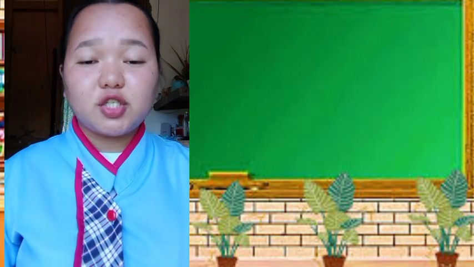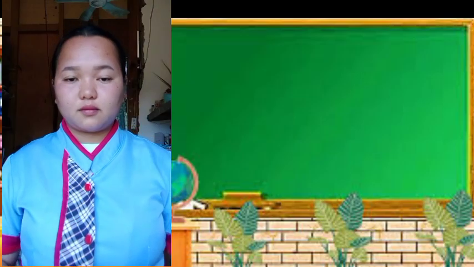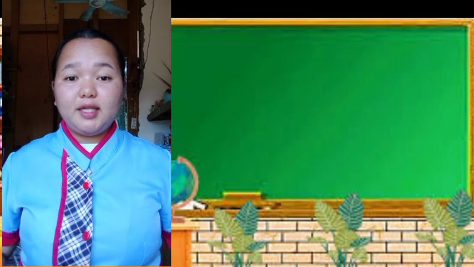So here are the instructions. Categorize excerpts from various literary texts based on the author's purpose in writing, whether it be to inform, entertain, explain, persuade, or describe, through a graphic organizer. Okay, are you done, class?